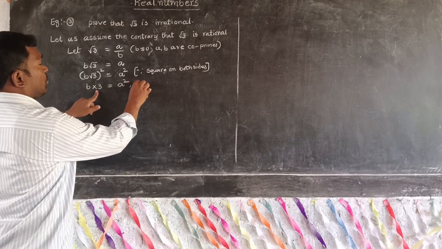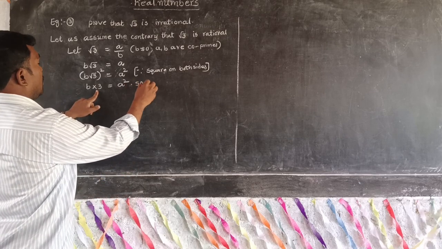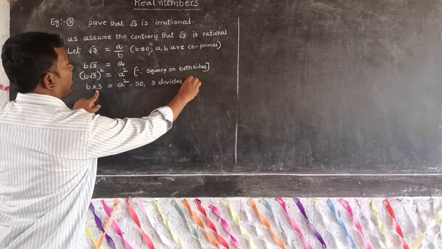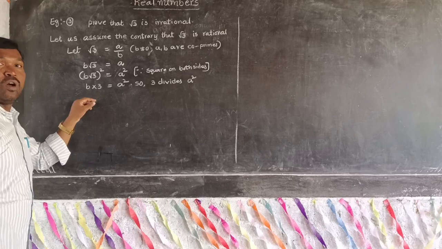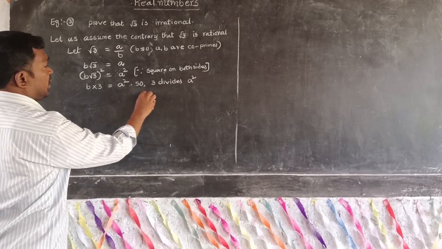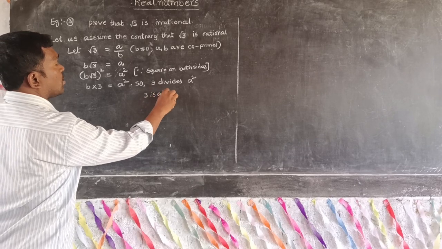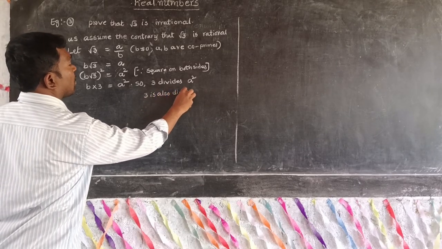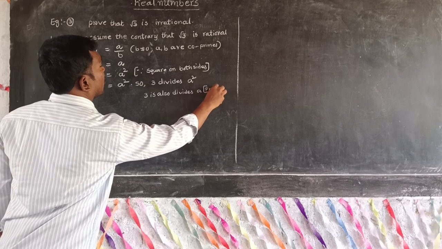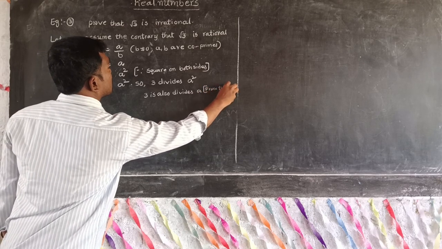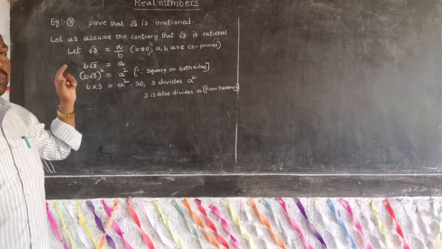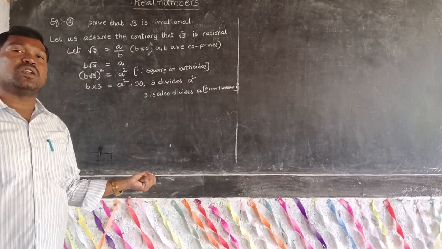So 3 divides a squared. According to the fundamental theorem of arithmetic, 3 also divides a, from theorem 1.2: if p divides a squared, then p also divides a.